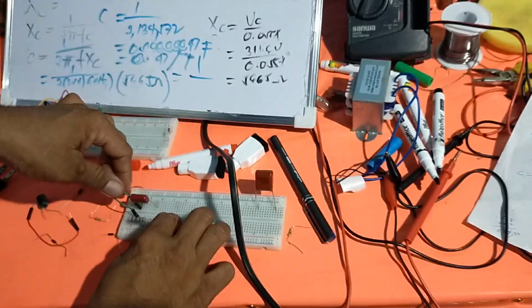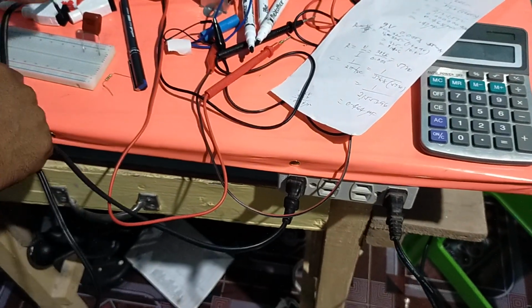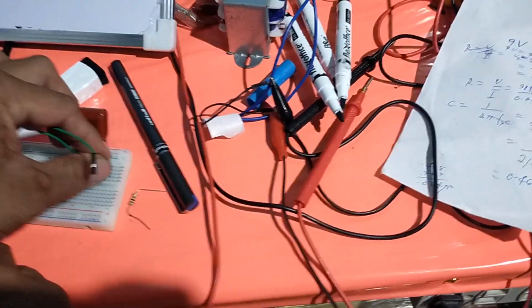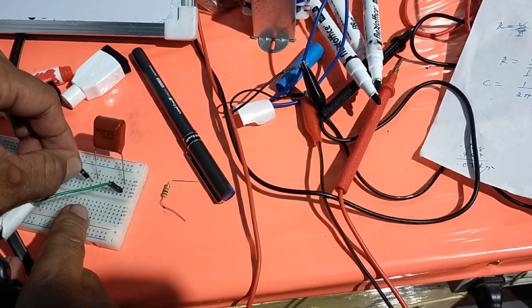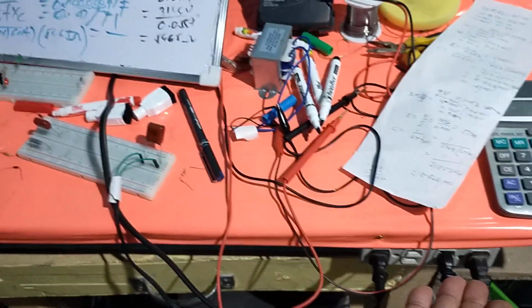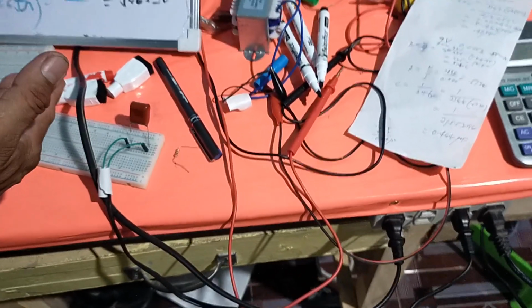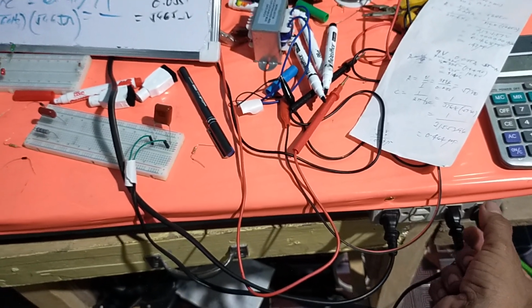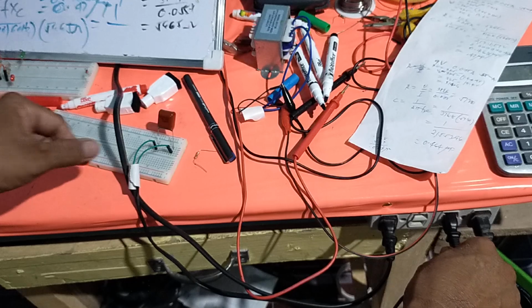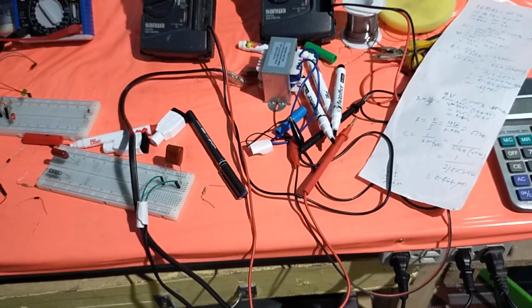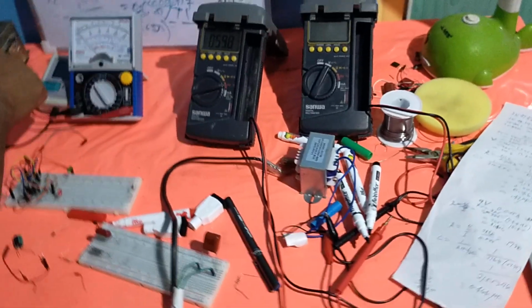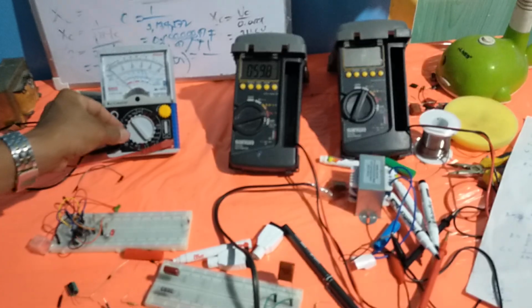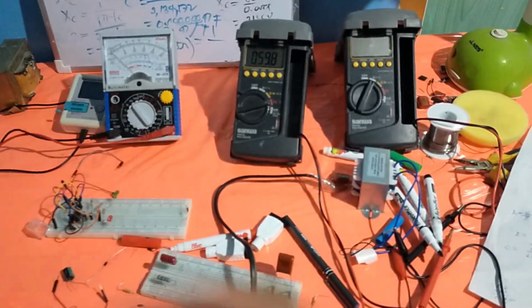So let us use this capacitor and connect it to the AC source voltage. The voltage is now stored in this capacitor. The two terminals are connected to the two terminals at the outlet. So, let us measure the voltage. We are setting the analog multimeter to 250 volts.